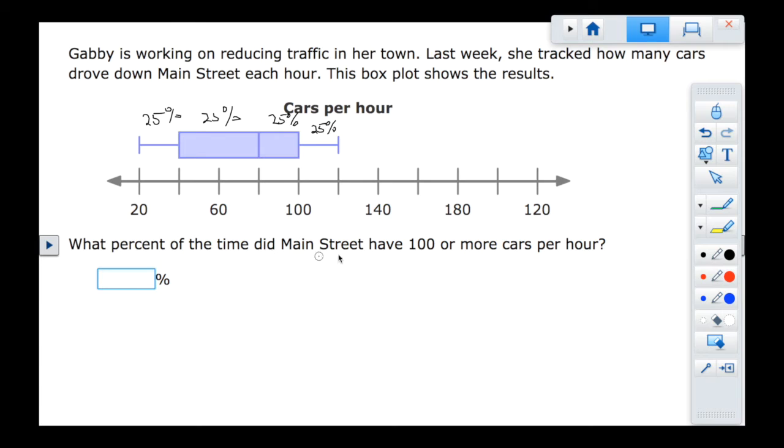What percent of the time did Main Street have 100 or more, so greater than 100 cars per hour? Here's my 100. Greater than would be to this direction, because this looks like 120, 140. So this would only be this part. 25% of the time there's more than 100 cars driving down.